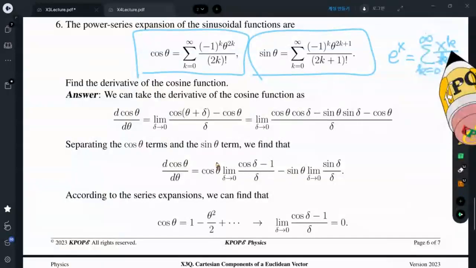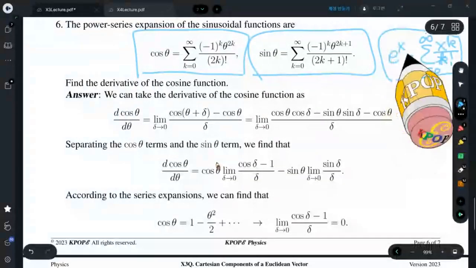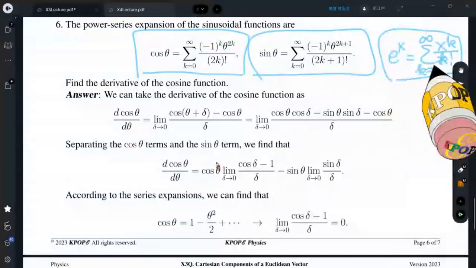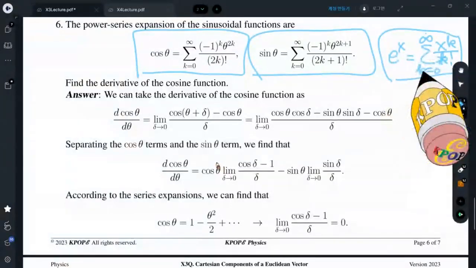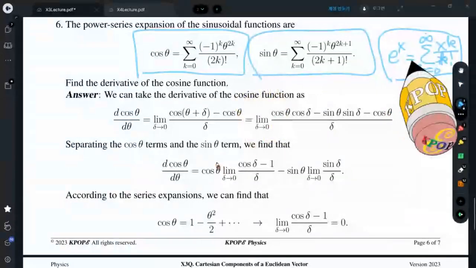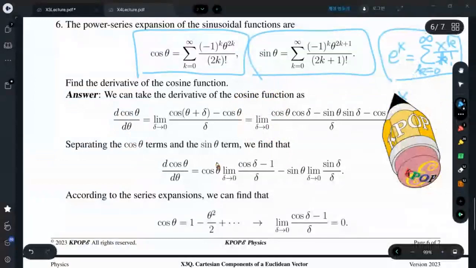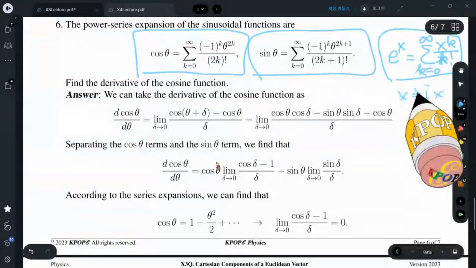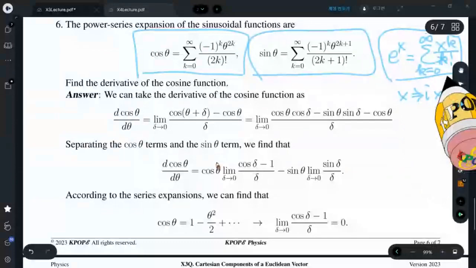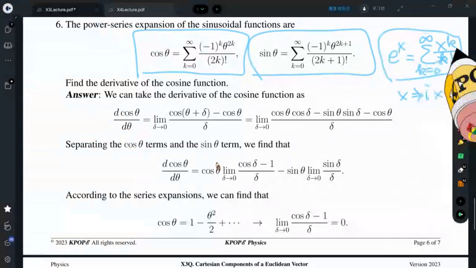For any x, this series converges to the exponential function, and we have proved that already in the previous class. And we make an analytic continuation just to replace x with i times x, and still this series is convergent.